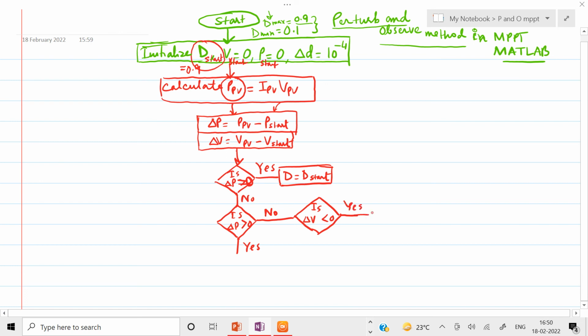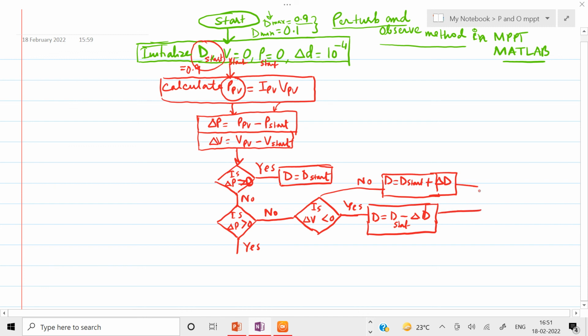If it is yes, I told you previously that D now will be equal to D start minus delta D. And if the answer is no, then D would be equal to D start plus delta D.